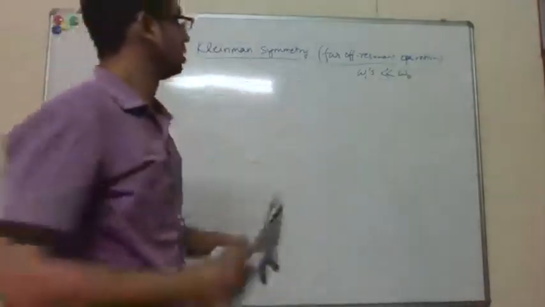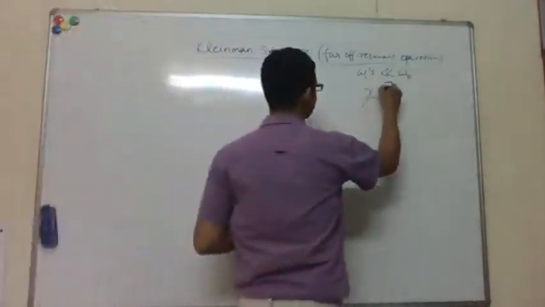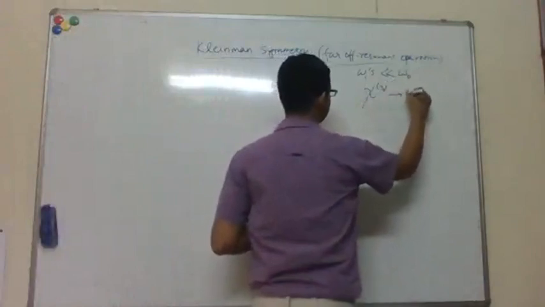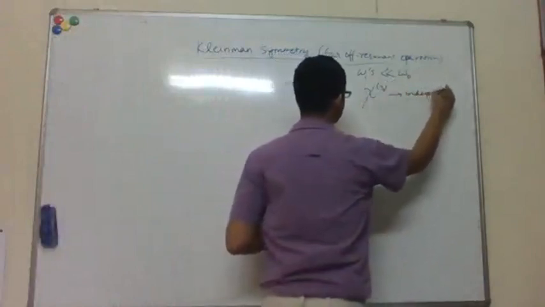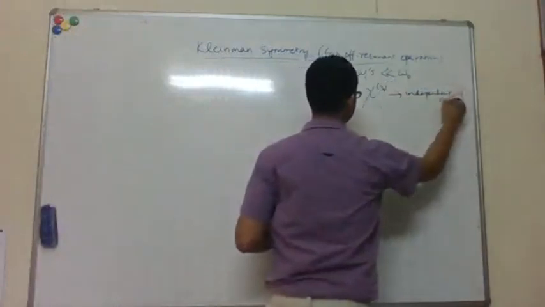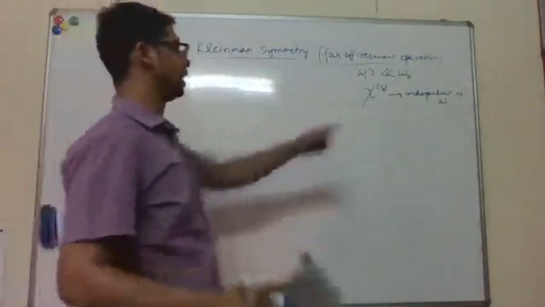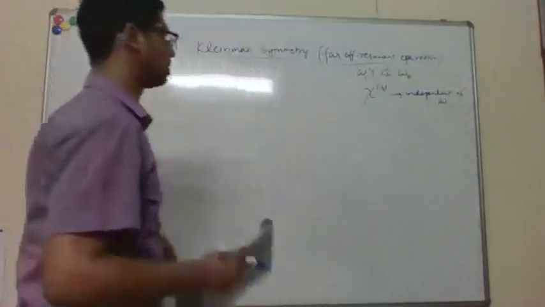Basically, so then chi3 first becomes independent of frequency, it becomes a constant, right? You just neglect the omega terms and just keep the omega naught, so it becomes a constant.